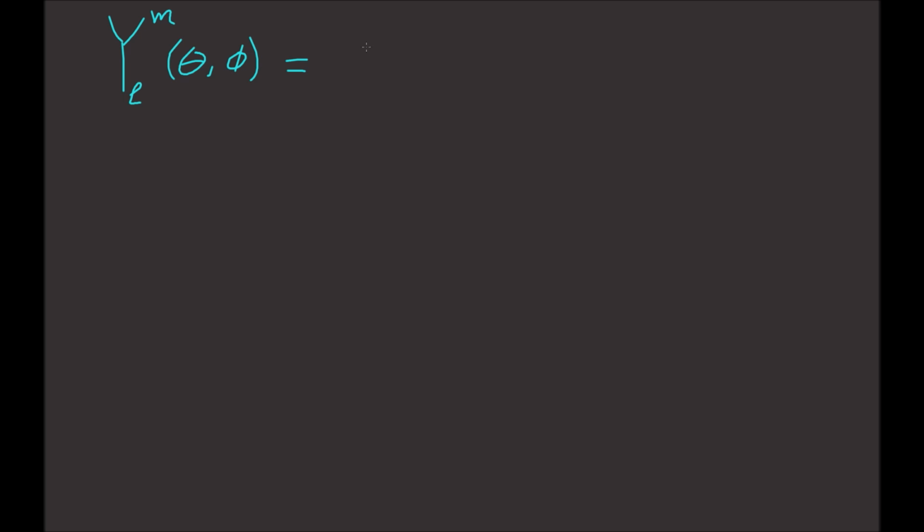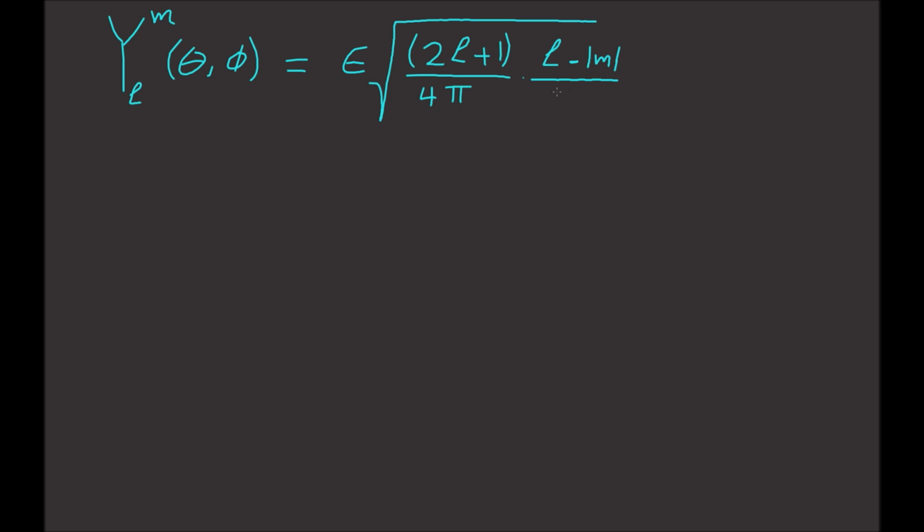This is going to equal epsilon, this comes from normalization, times the square root of 2L plus 1 divided by 4 pi. You can see where the 4 pi came from. Times L minus the absolute value of m divided by L plus the absolute value of m, and these are factorials.